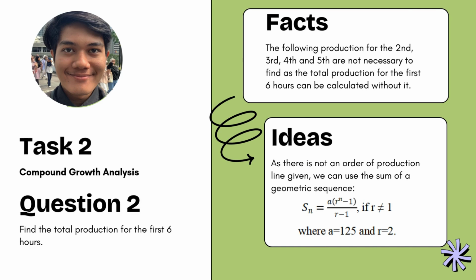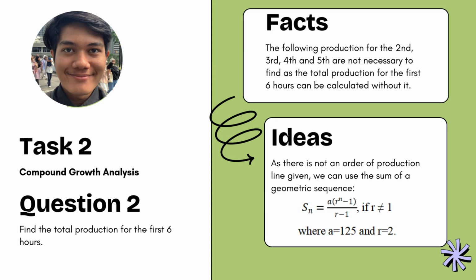Question 2 is to find the total production for the first 6 hours. Because we have discovered the production for the first hour, the production for the second, third, fourth, and fifth hours is not necessary to find, as the total production for the first 6 hours can be calculated without it.